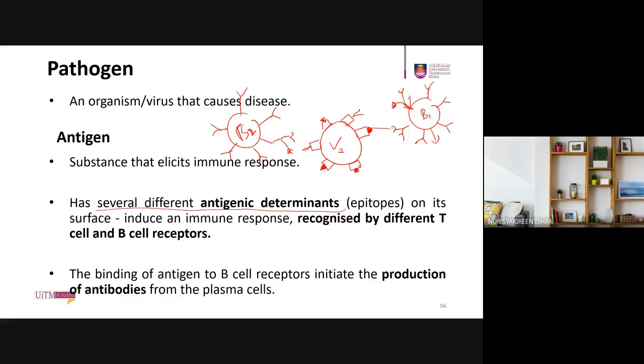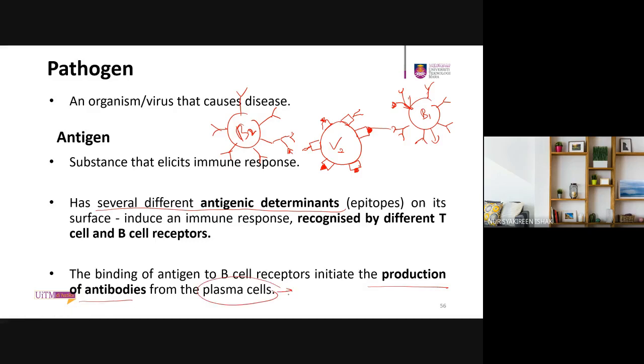So by the pathogen having many different epitopes on its cell surface, so this will increase the chance of the virus being detected by your body. Okay, so this will activate your immune response against that virus. Okay. So the binding of the antigen to the B cell receptor initiate the production of antibody from the plasma cell.